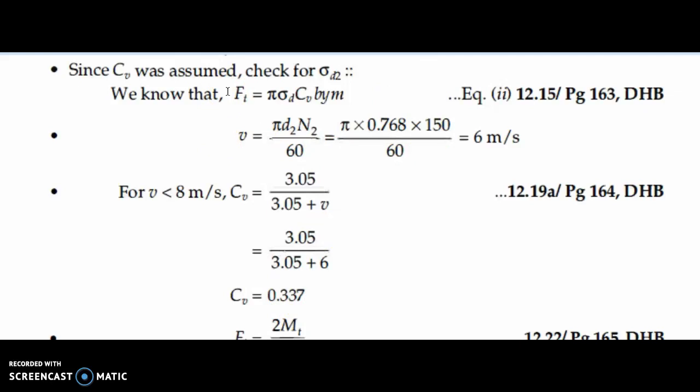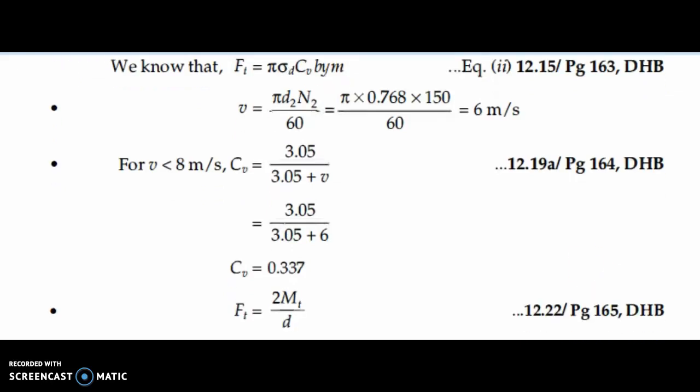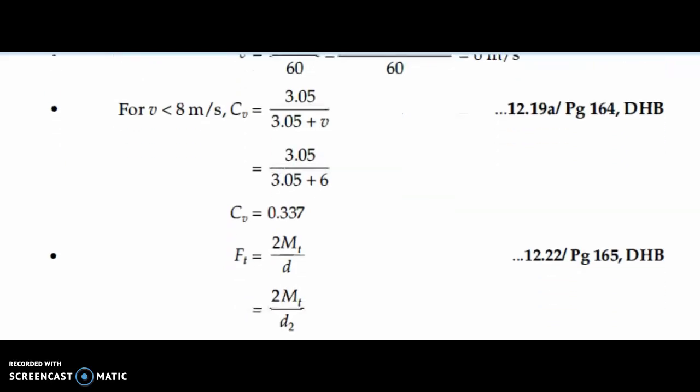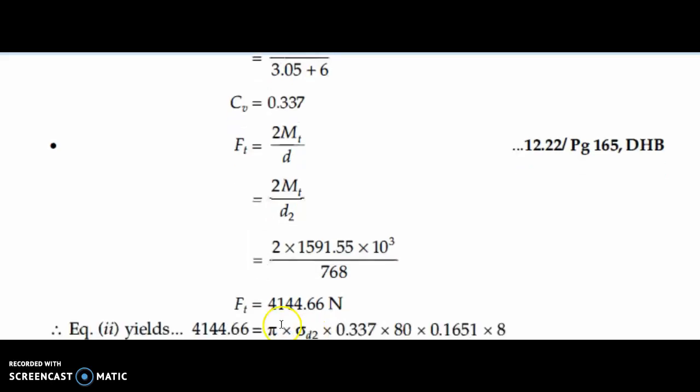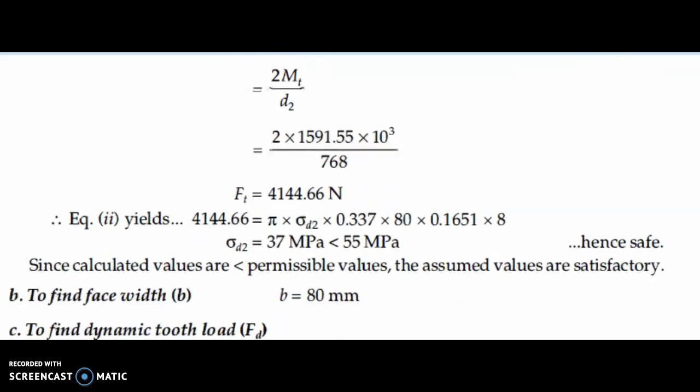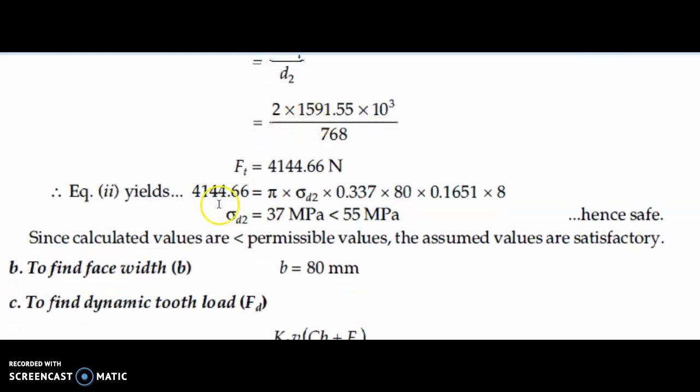In this equation, that is Ft is equal to pi into sigma t into C into b into Ym, we know that some values are given in the question data itself, and the other values we can calculate. Finally we find Ft is equal to 4144.66 Newton, and using this section we can find the value of sigma d2.